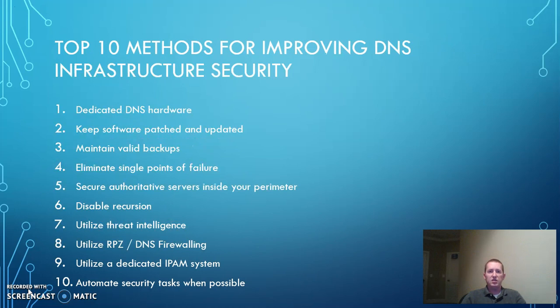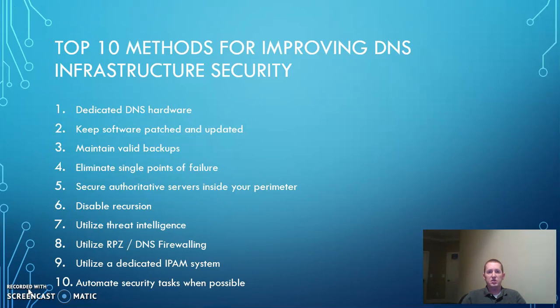In their book, DNS Security for Dummies, Kuo, Nagy, and Liu provide 10 keys to improving DNS security. Some of these are self-explanatory, like keeping software patched and updated, maintaining backups, eliminating single points of failure, securing servers inside your perimeter, and automating security tasks when possible, as these are things that should be done for any system or application.